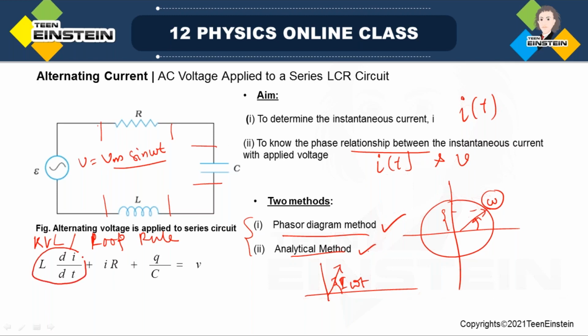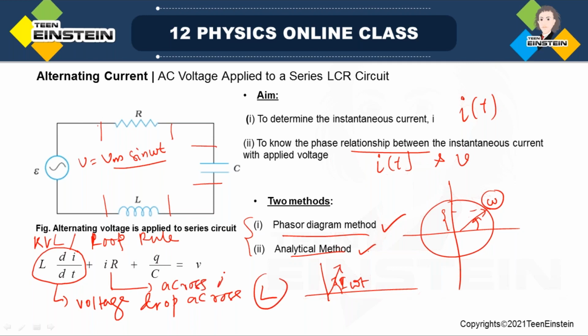So look, this one is the voltage drop across inductor L. This is the voltage drop across the resistor, and this is the voltage drop across the capacitor.